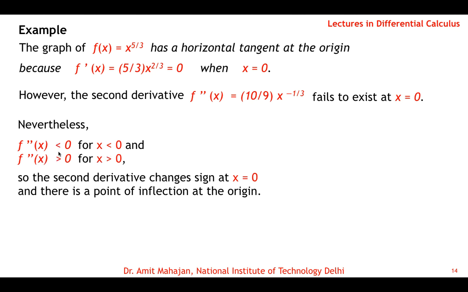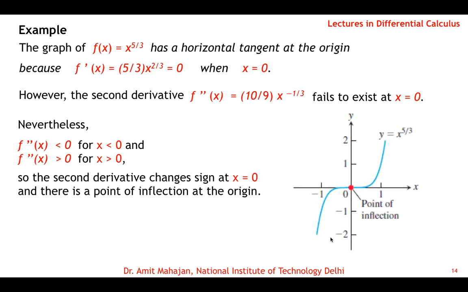So the concavity is changing, and the point x equal to 0 is a point of inflection at the origin. This way you can easily check. On the left side of this it is concave down, on the right side it is concave up, and at this point there is a horizontal tangent. So the tangent exists and the concavity is changing, so this point is a point of inflection.